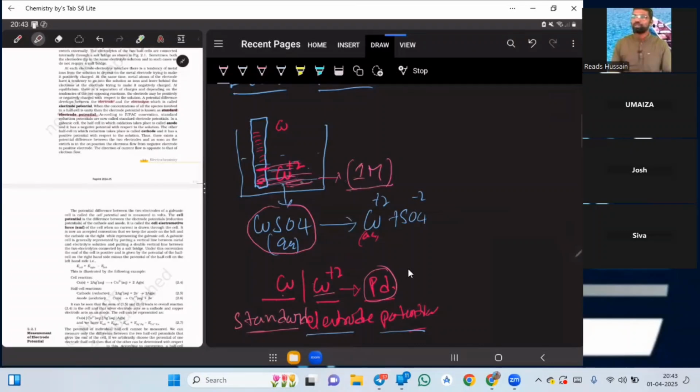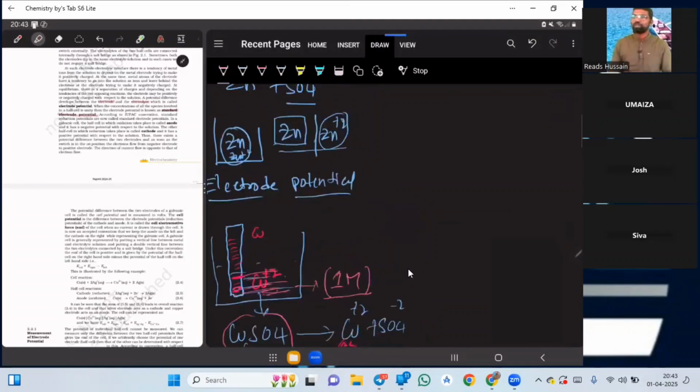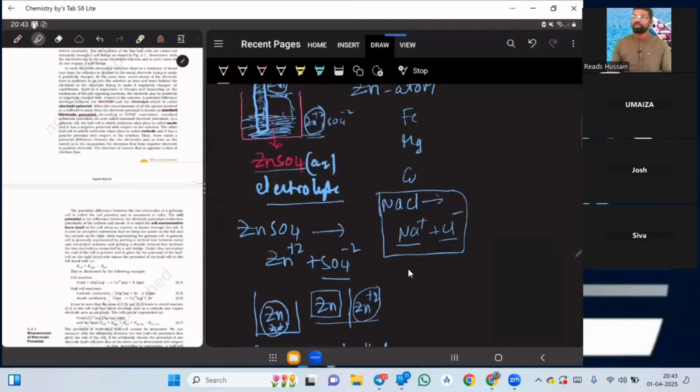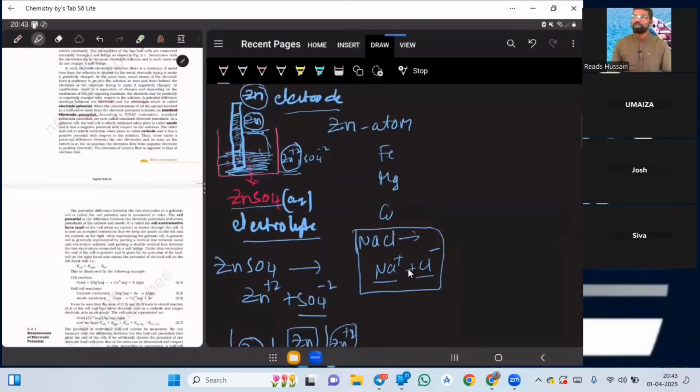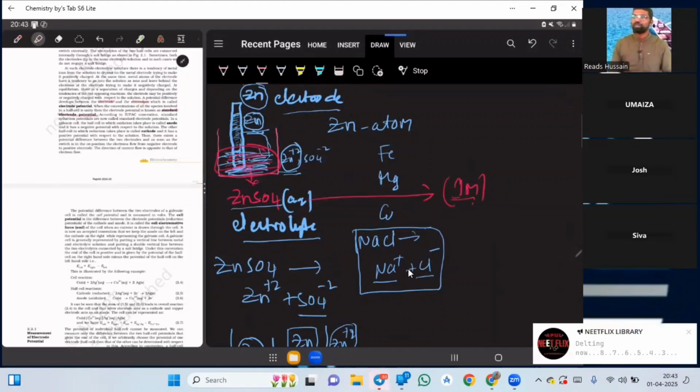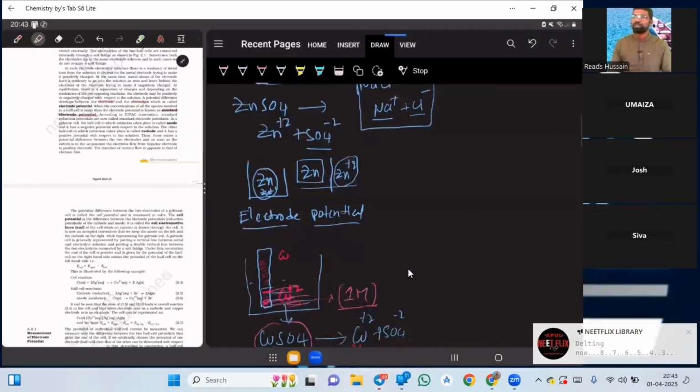Similarly, what is the standard electrode potential of zinc? Suppose the concentration of zinc sulfate solution is 1 molar. Whatever the solution you have taken in the beaker, if its concentration is 1 molar, in such a case the electrode potential is called standard electrode potential.